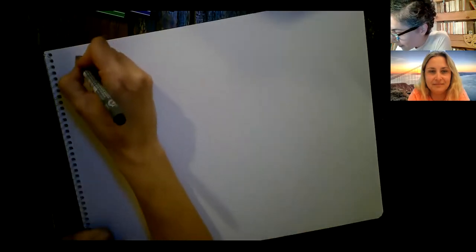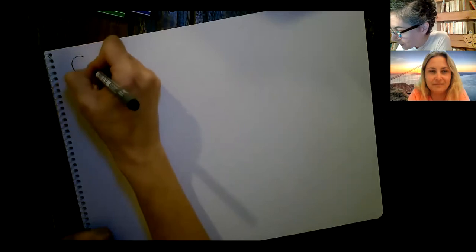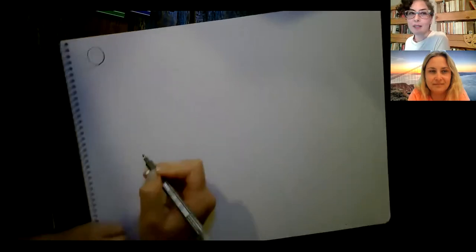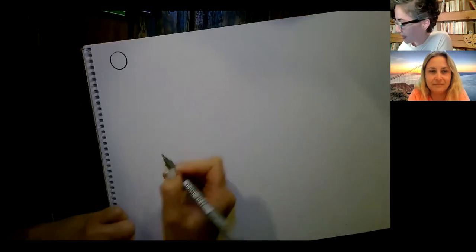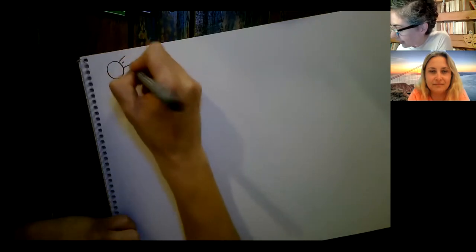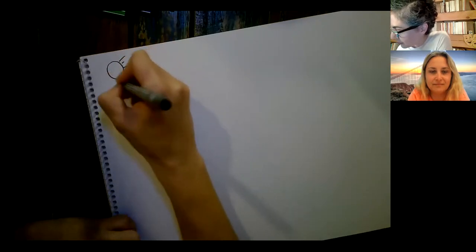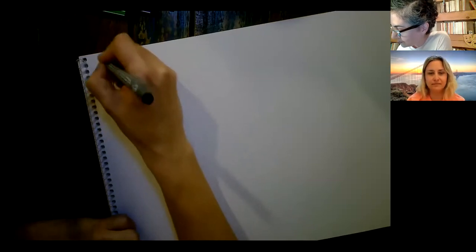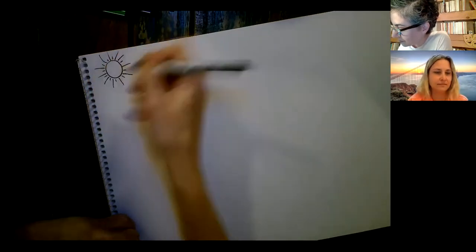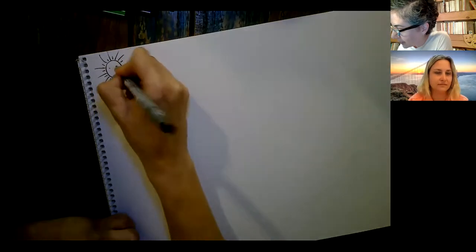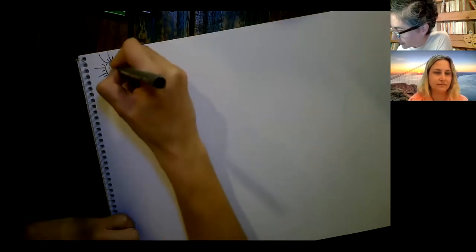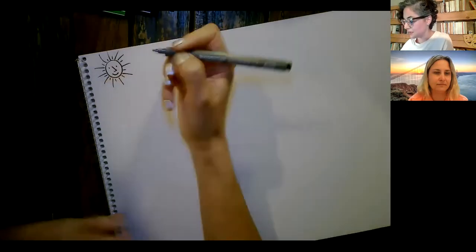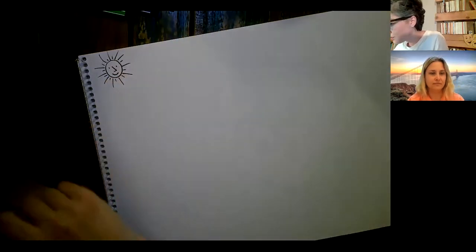So first, I am drawing a circle like this. This will be a sun, which refers to morning. The eyes and nose and mouth.